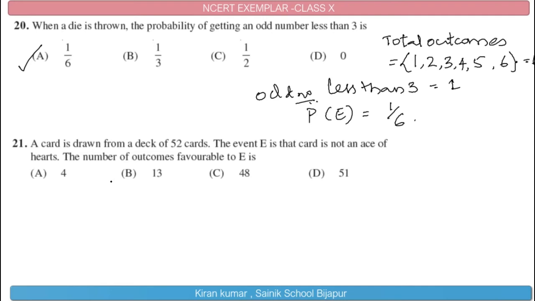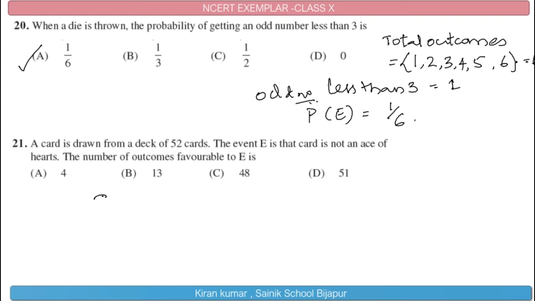Question 21. A card is drawn from a deck of 52 cards. The event E is that the card is not an ace of hearts. The number of outcomes favorable to the event is. Here, the favorable event is all cards except the ace of hearts, and the ace of hearts is only 1.